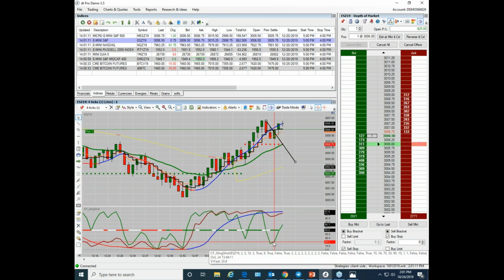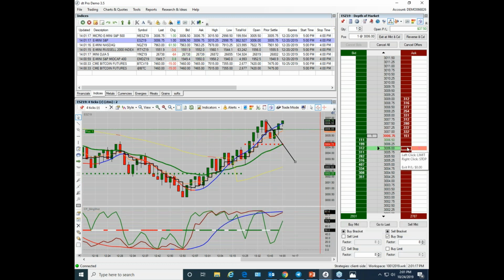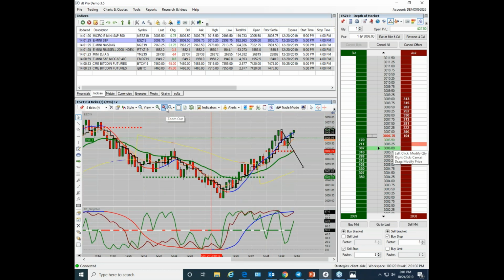If this thing takes off, the green line is expected to get into the cycle and we make a new pivot low. All right, so here's prior resistance, right? So I am going to move it up just a tick in case we bang off this and fall apart. I have it 1 tick ahead.